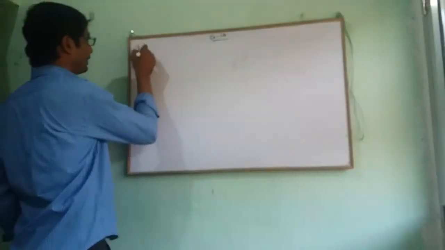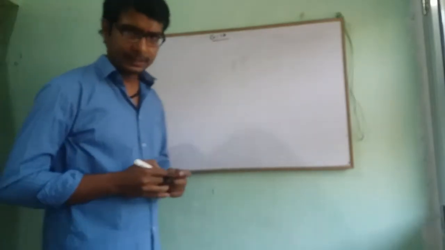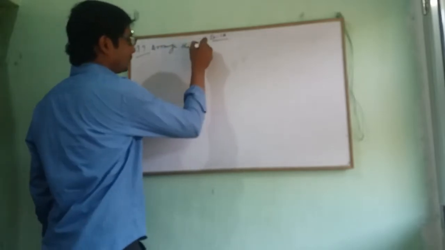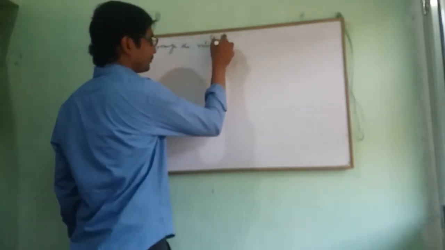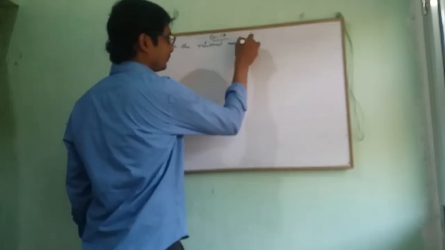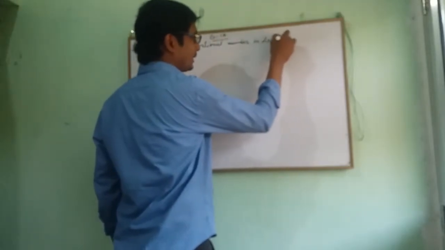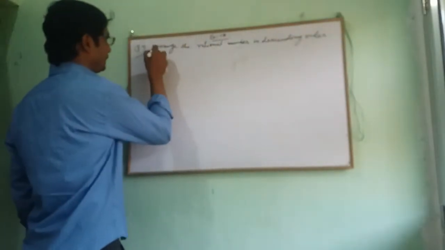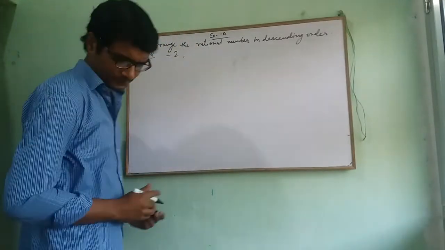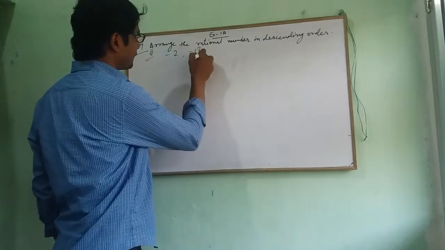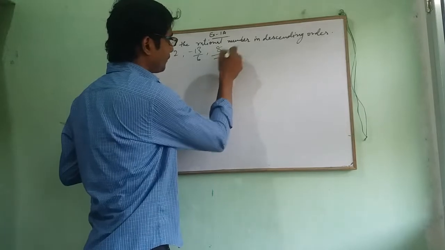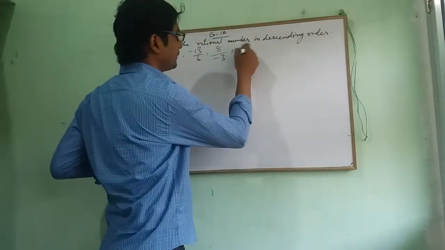Let's see question number 9, that arrange the rational numbers in descending order. Question is minus 2, then minus 13 by 6, then 8 by minus 3, and the last one is 1 by 3.